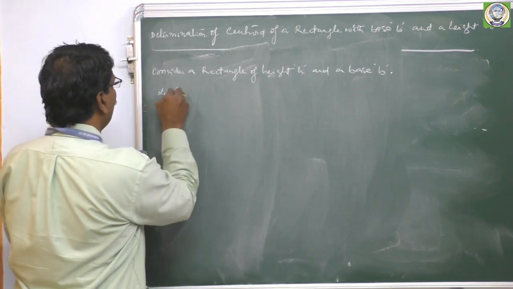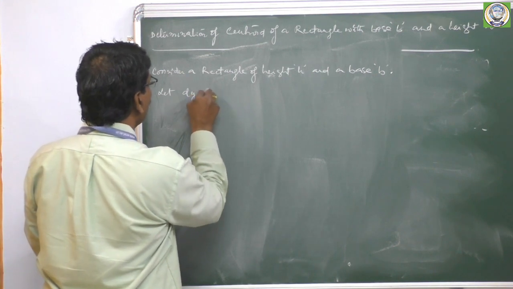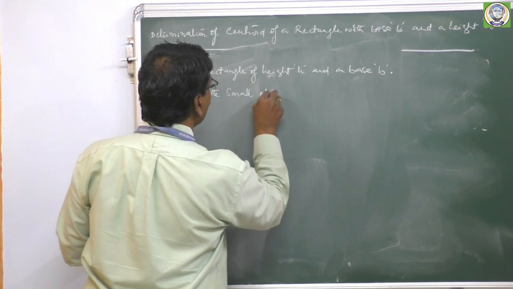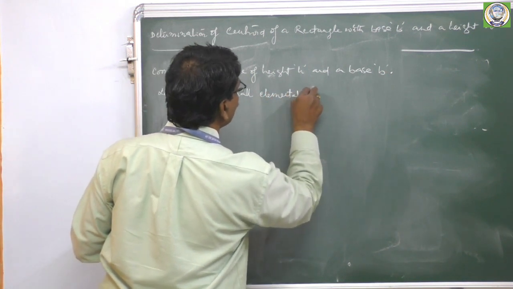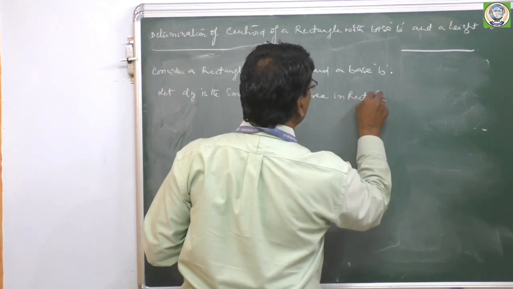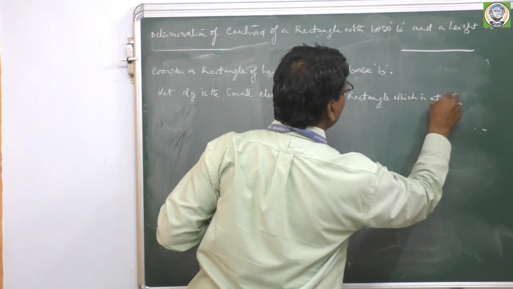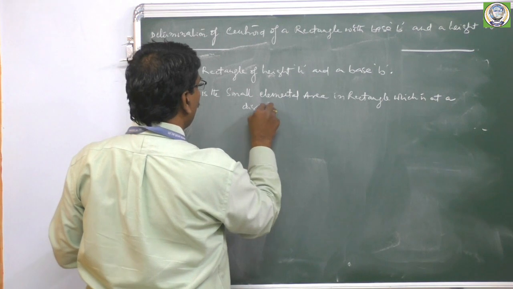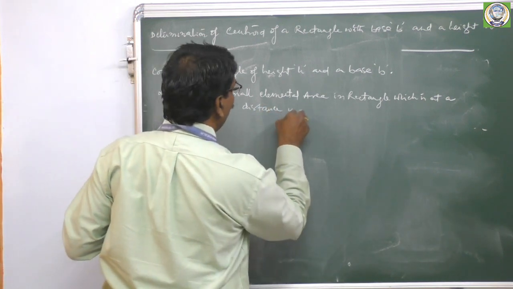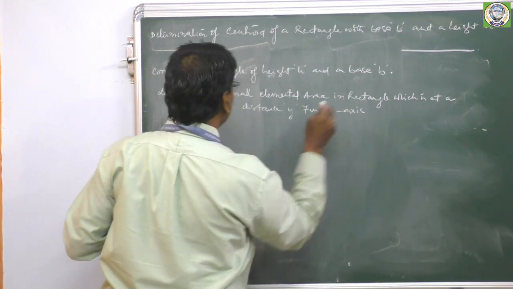Let dy is the small elemental area in rectangle which is at a distance y from x-axis.